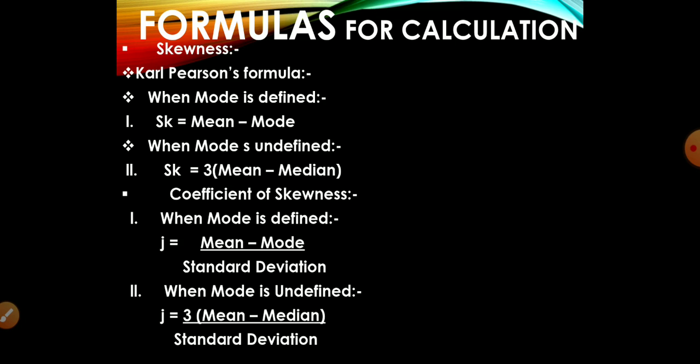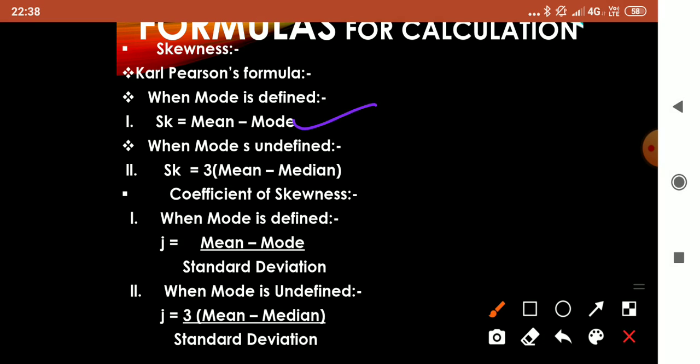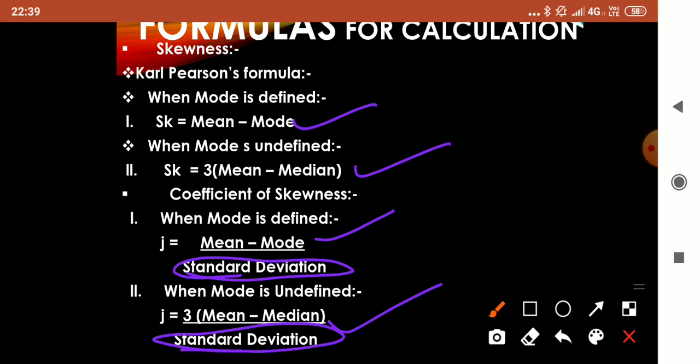This is the formula to find J. Here you can see this formula and this formula are almost equal. You just have to divide by the standard deviation and you will find the coefficient of skewness.